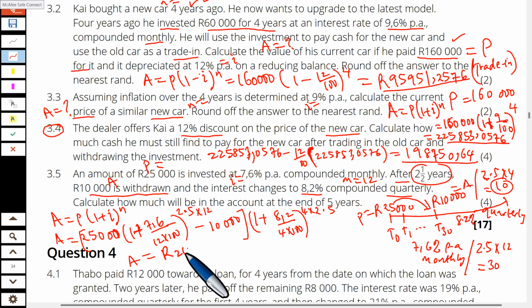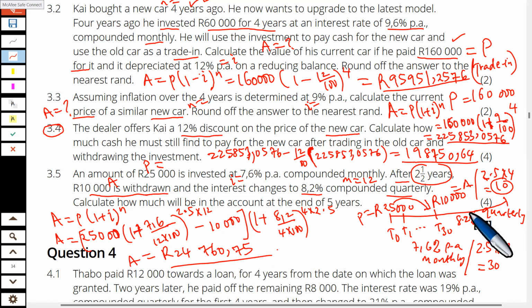24,760.75. I'm sure you sort of understand: the 25,000 was invested, 10,000 was withdrawn, so it's minus.